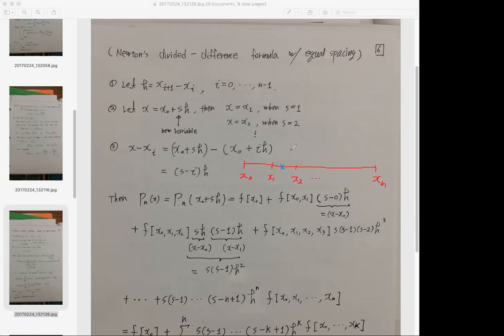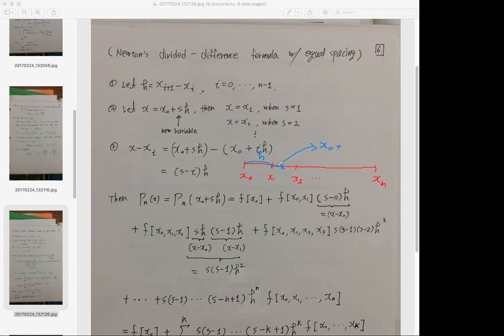This x can be expressed in terms of x0 and h, like this: x0 plus something. We have to add more than one h, because from x0 through x1 is h. What about the length from x1 through x?